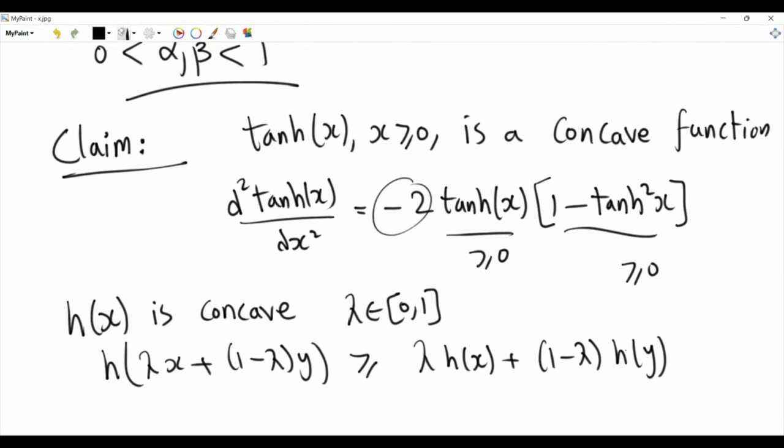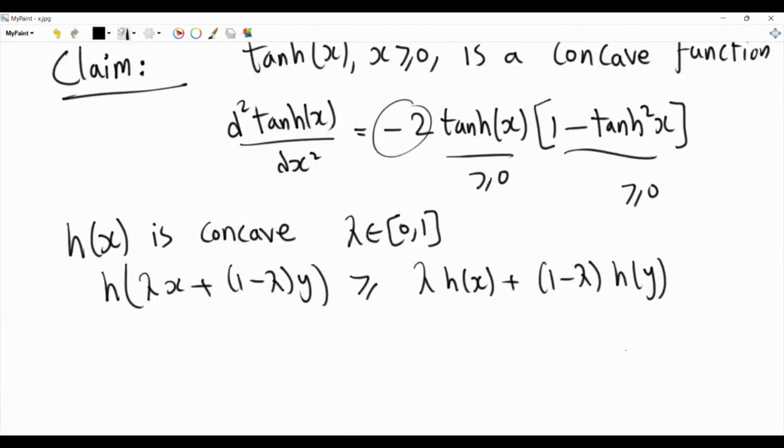Now, our tangent function is concave, and we are interested in the case in which alpha is between 0 and 1 and beta is between 0 and 1. So we can choose alpha to play the role of lambda here.